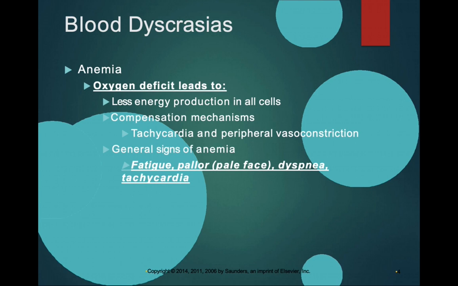What are some of the general signs of anemia? Well, fatigue. Remember that the electron transport chain, which is the third part of energy production, right? You have glycolysis, which is step 1, Krebs cycle, aka citric acid cycle, step 2, and then the final step is the ETC, which is the electron transport chain.